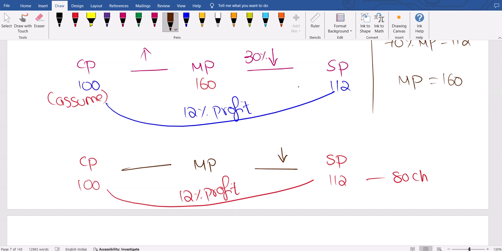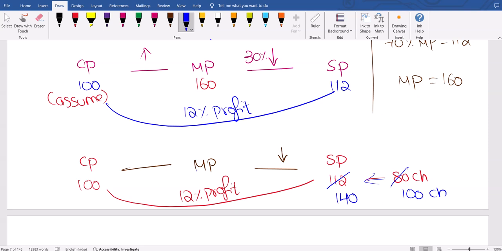This is the selling price for 80 chocolates. Scaling up to 100 chocolates, it should be 140.